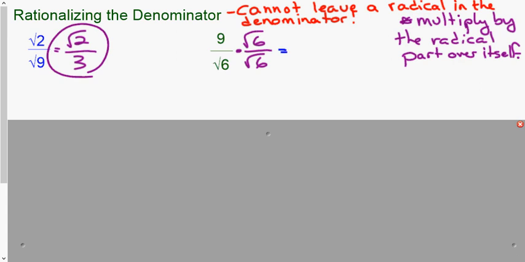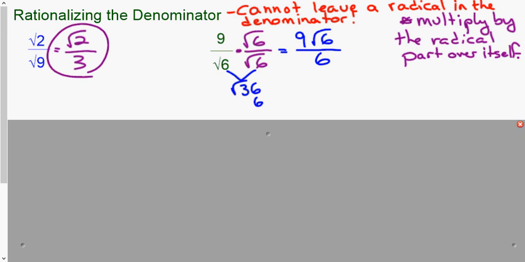Up top, we have 9 times root 6. Well, 9's an outside number, 6 is an inside number. In the denominator, root 6 times root 6 is root 36, which we know the square root of 36 is 6. So our denominator becomes 6.